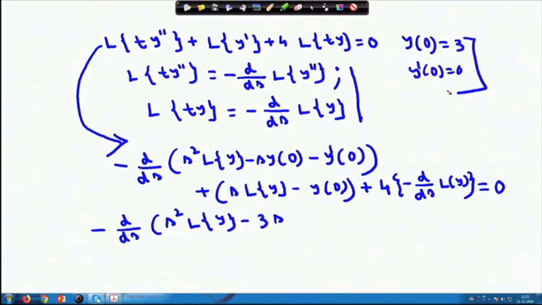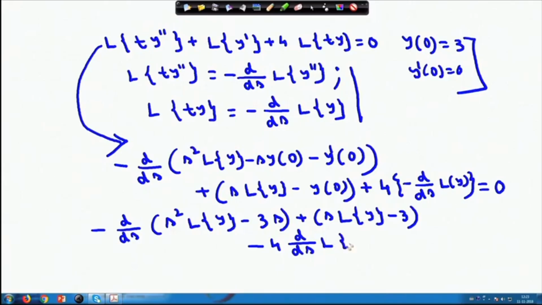Using these two conditions, I obtain minus d by d s of s square Laplace transform of y minus 3s, plus s into the Laplace transform of y minus 3, minus 4 into d by d s of the Laplace transform of y, equals 0.